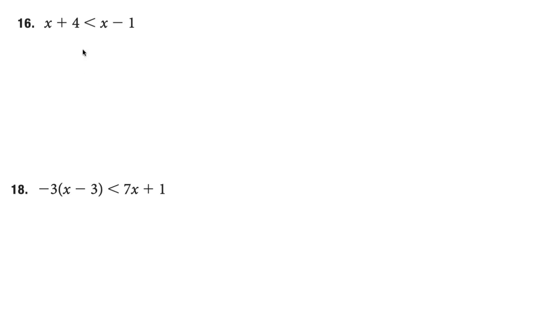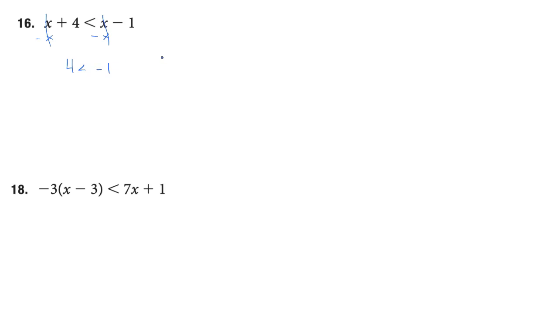Okay, the next problem we're going to look at, again, has a less than sign. So we're going to start by bringing all the x's to one side and the numbers to the other. But what you'll see right away is that if we subtract x from both sides, the x's subtract out of both sides, and you end up with a statement that says 4 is less than -1.